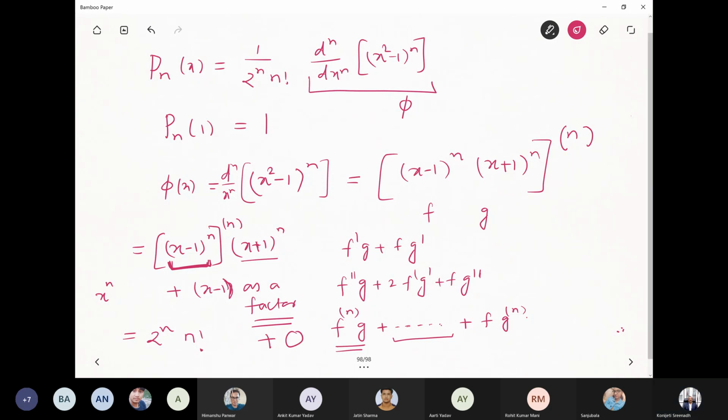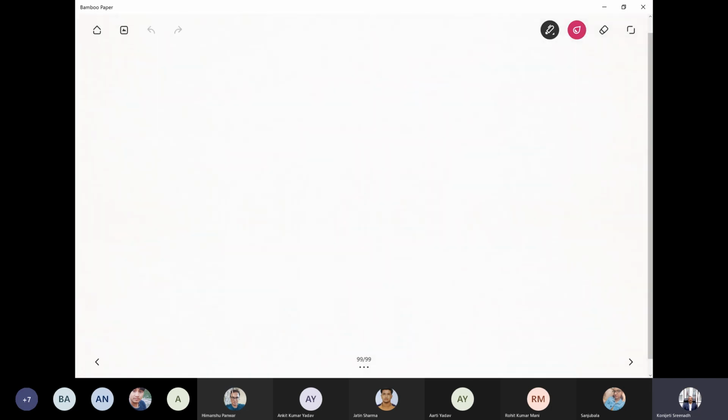So this phi n at 1 is going to be 2 power n into factorial n, and that factor is divided here. Therefore, Pn at 1 is going to be 1. That is the proof for Pn equals 1: Pn at 1 is 1.